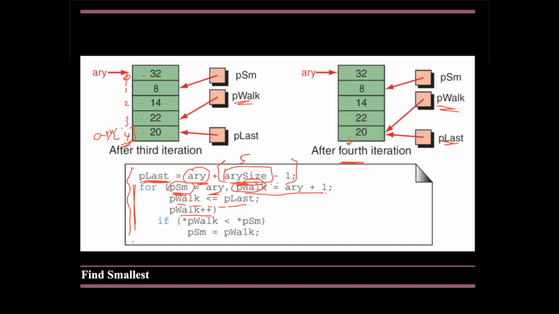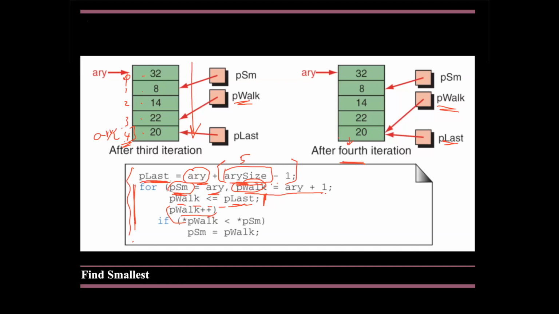Your conditional says p walk is less than or equal to p last. As long as p walk is less than or equal to p last. Remember, this is assuming that the memory address actually goes up this way. Like I said, in some machines, it depends on the endianness of the machine. Memory address doesn't always go up; sometimes it goes down. But using this method, we can say that p walk is less than or equal to p last, and then we keep the iteration going.